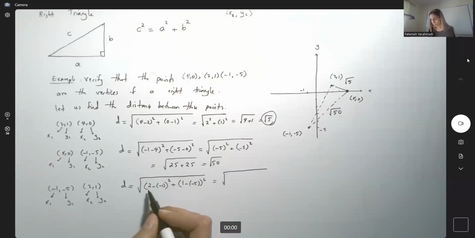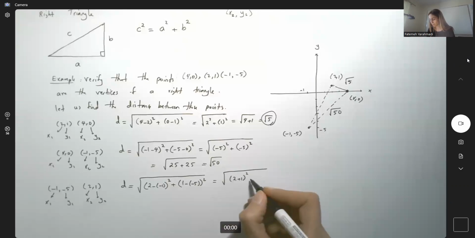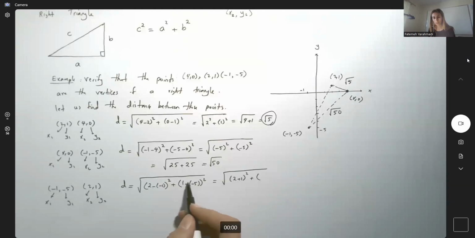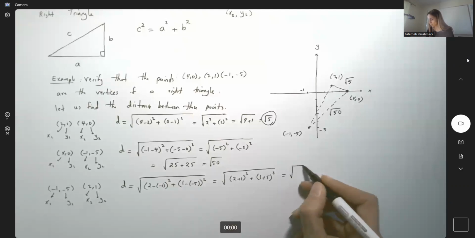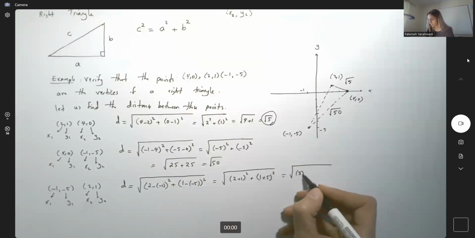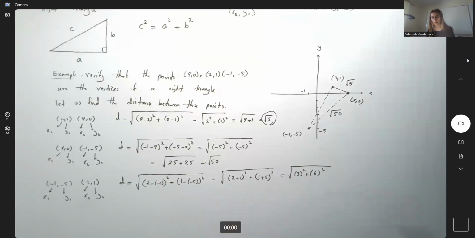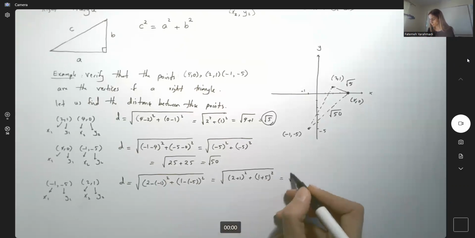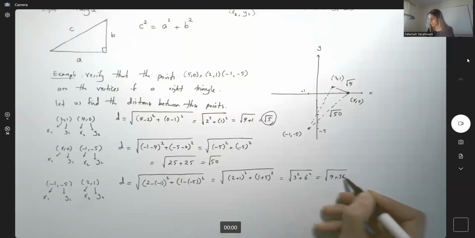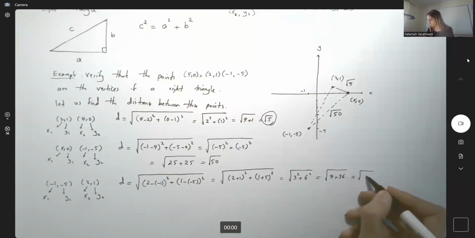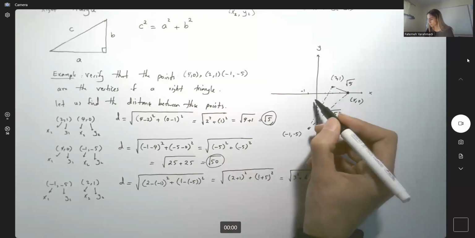This guy is equal to the square root of 2 plus 1, to the second, plus 1 plus 5, to the second, because minus a minus is plus. This is the square root of 3 to the second plus 6 to the second, or the square root of 9 plus 36, or the square root of 45. Okay, this says my distance is square root of 45.